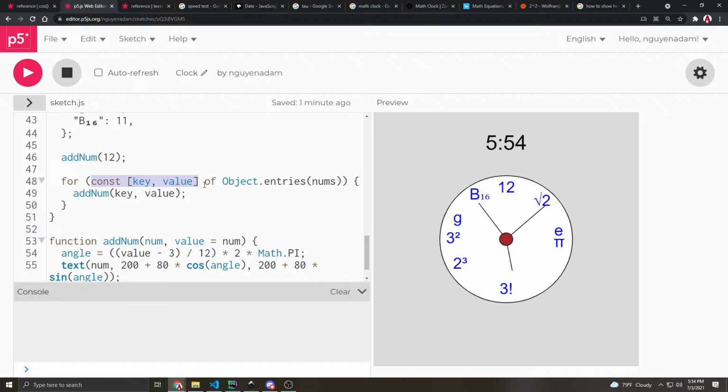I think it's called object destructuring. Each entry has two values, so instead of going key equals object dot entry dot key and then value equals that, you can just say key, value in this nice bracket thing and just grab it. It's amazing.